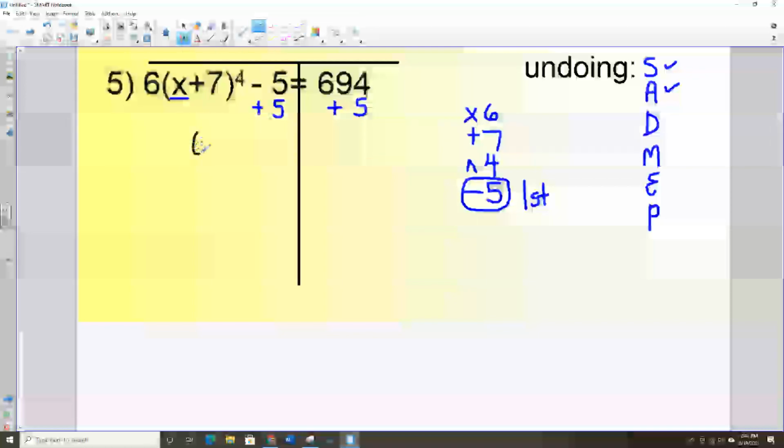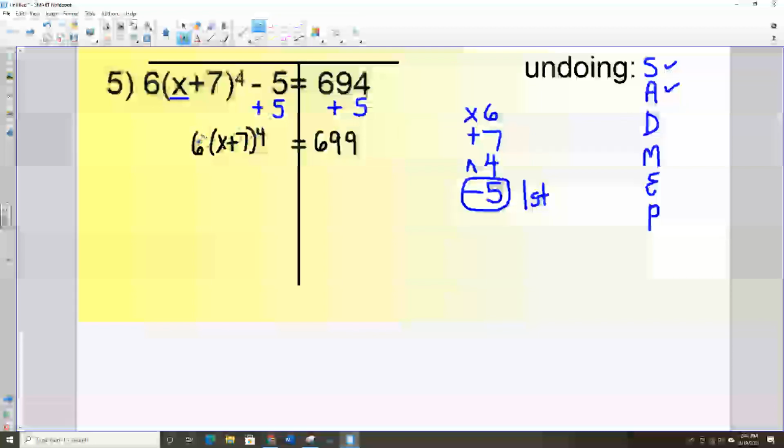So we still have 6 times the quantity x plus 7 to the fourth power. If you've ever wondered how to say that, that's how you say it. And what is 694 plus 5? Hopefully you said it was 699.